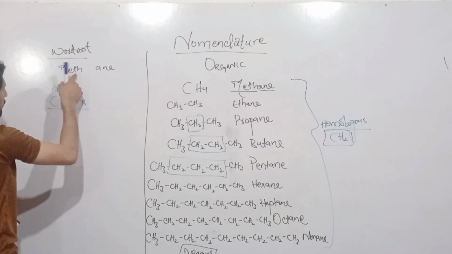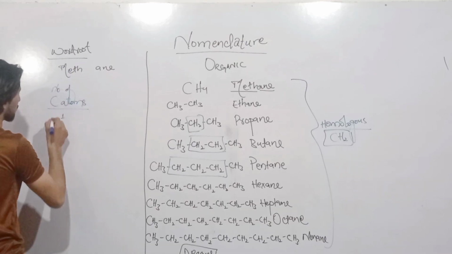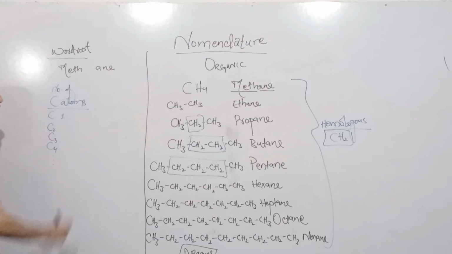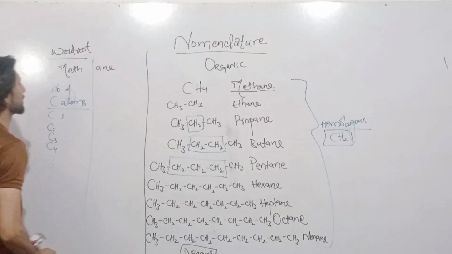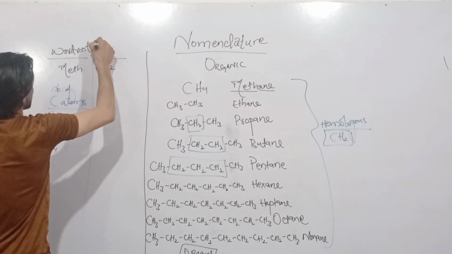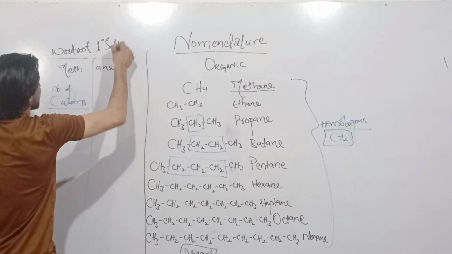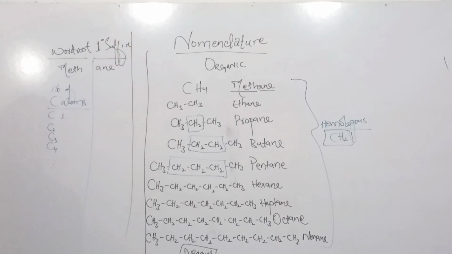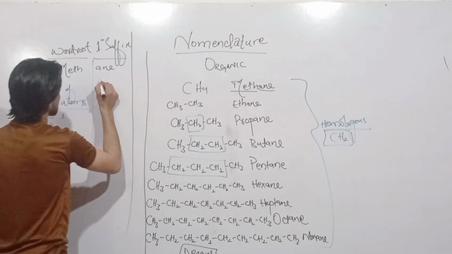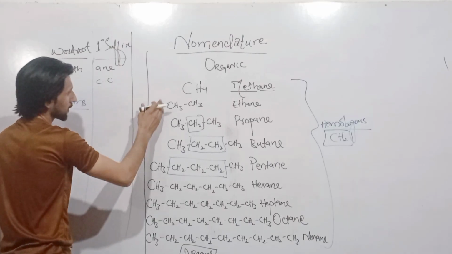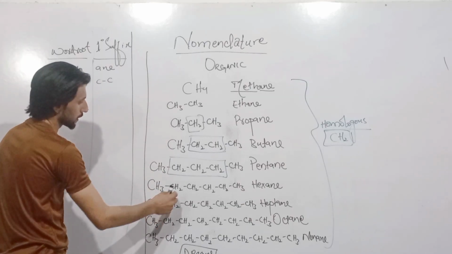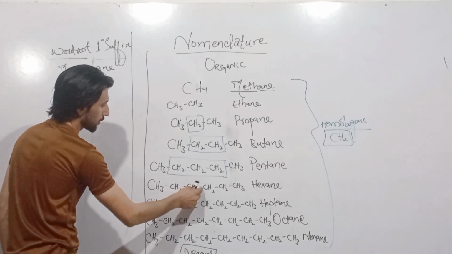Like methane means one carbon atom. They could be C1, C2, C3, C4, and so on. And what does ane represent? This ane is my primary suffix. It shows the carbon-carbon bonding. In these molecules you could see there are just single carbon-carbon bonds.